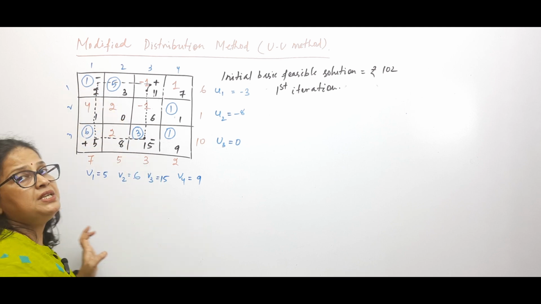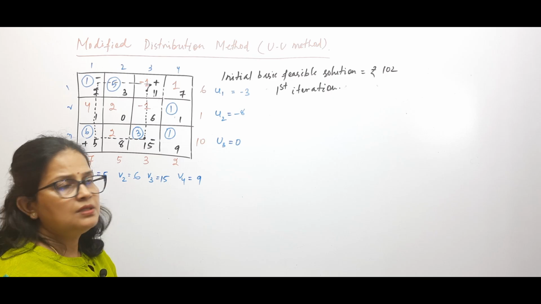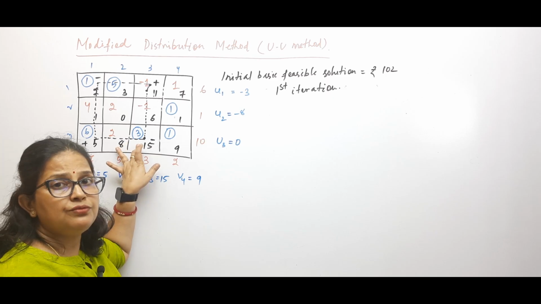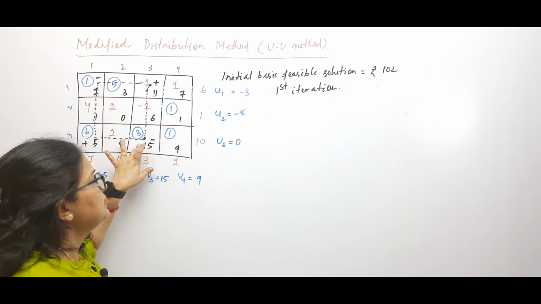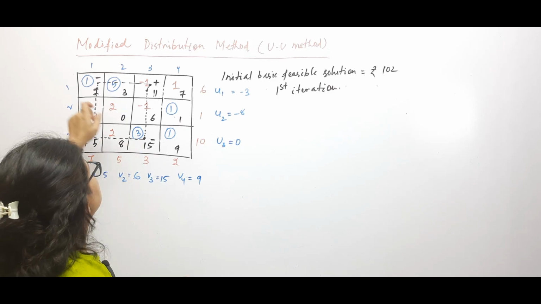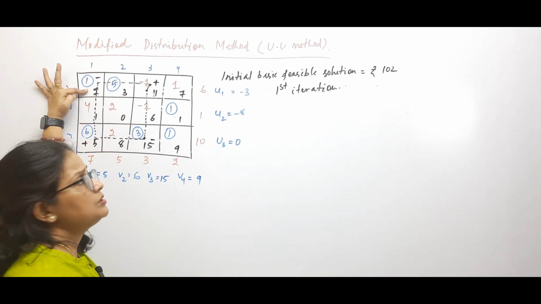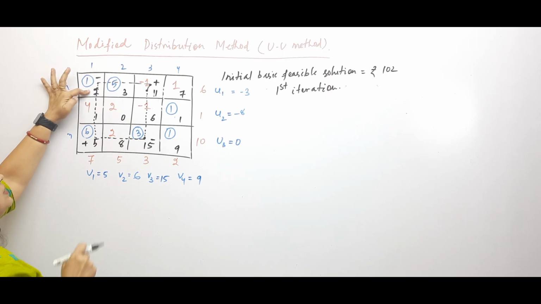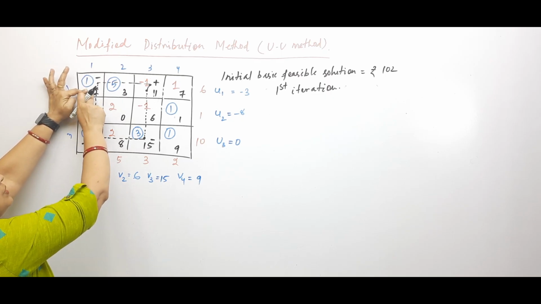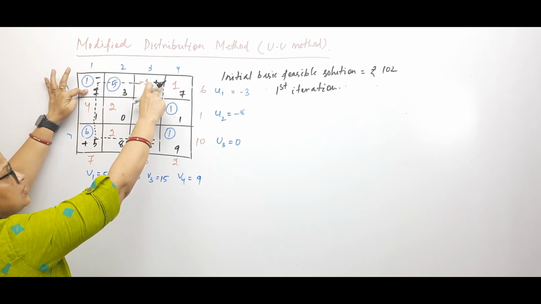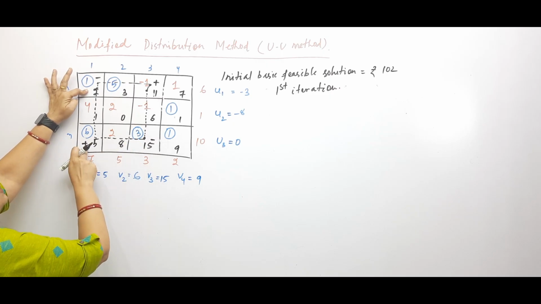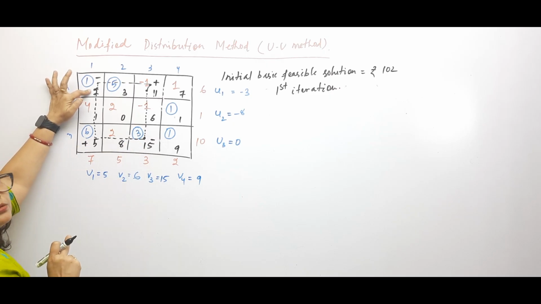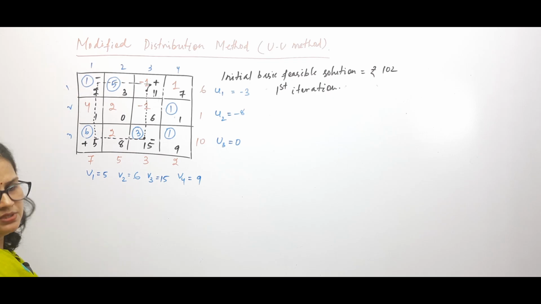What is the minimum allocation for the negative signs? The minimum allocation is 1. So we need to add this allocation here, subtract from here, add here, and subtract here also. Let us do the steps.